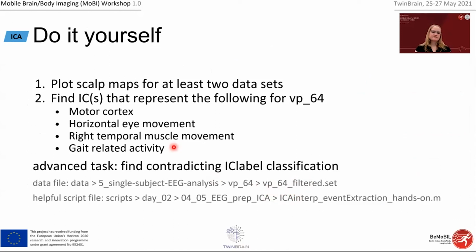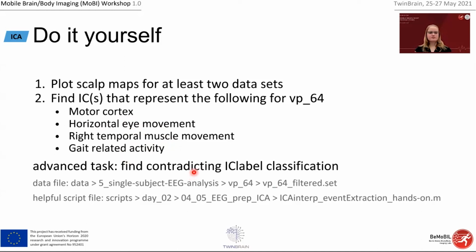And then you just find components that represent motor cortex, as we learned in the talks yesterday. They're located left and right central, from the central line outwards to the periphery. And you can also look for the horizontal eye movement, like a muscle, and also find some gait-related activity.